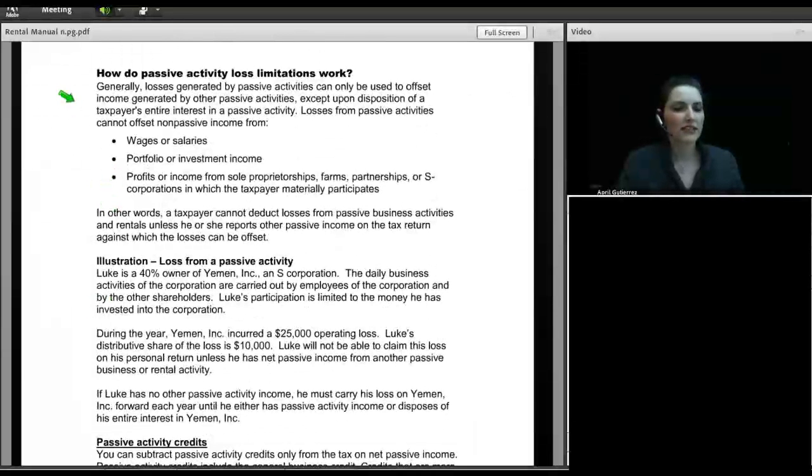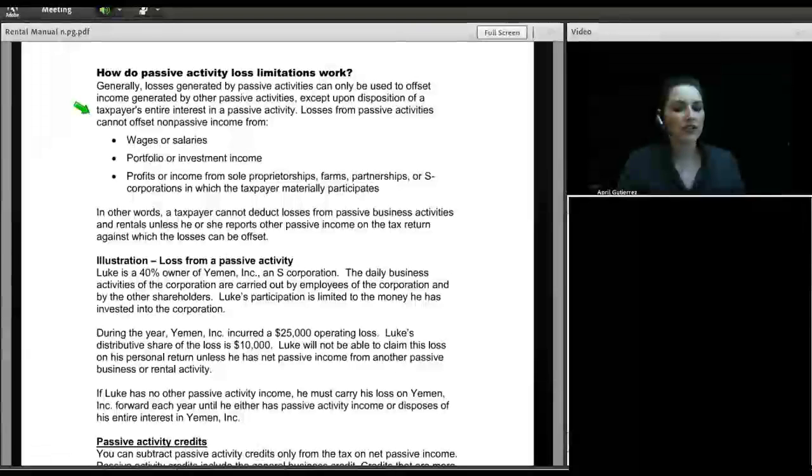So how do passive activity loss limitations work? Well, generally, losses generated by passive activities can only be used to offset income generated by other passive activities, except and until disposition of a taxpayer's entire interest in a passive activity.